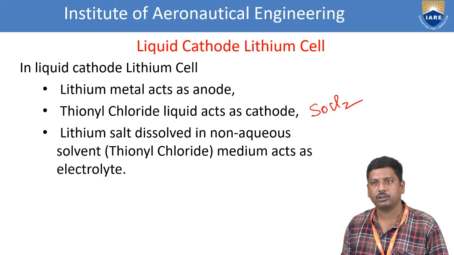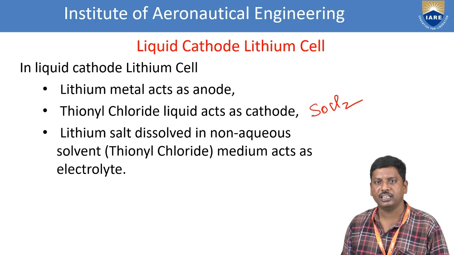The formula of thionyl chloride is SOCl2. And lithium salt dissolved in the non-aqueous solvent, thionyl chloride medium, acts as the electrolytic solution. These are the main components present in the liquid cathode lithium cell.